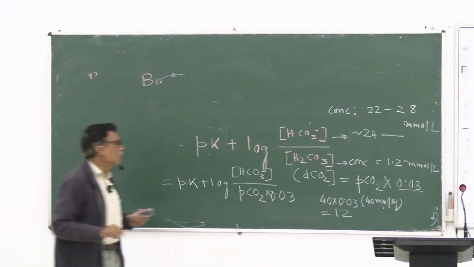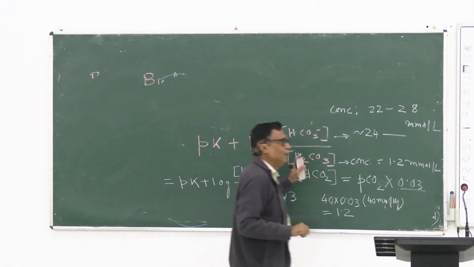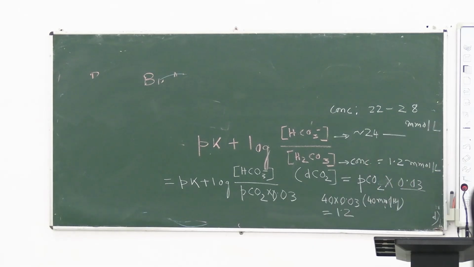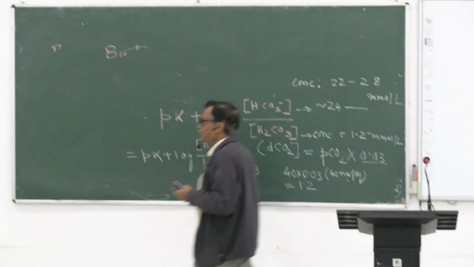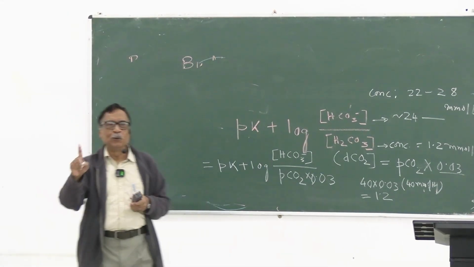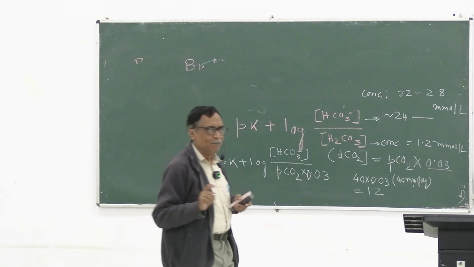We cannot measure the concentration of the carbon dioxide directly, but we can measure the partial pressure of the carbon dioxide. So, any alteration of the bicarbonate, any alteration of the PCO2 will alter the pH.